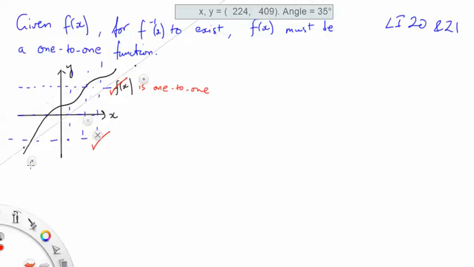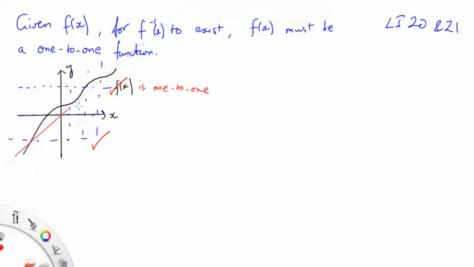Given the line y equals x, so let's sketch y equals x here. The inverse function is the reflection in the line y equals x. So the inverse function here would look something like this.